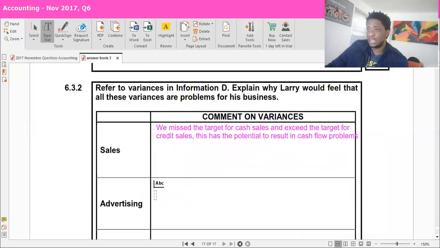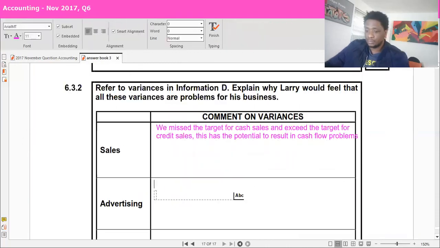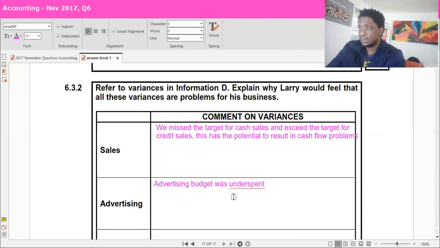So we'll say the advertising budget was underspent and it resulted in the business not achieving the target sales.